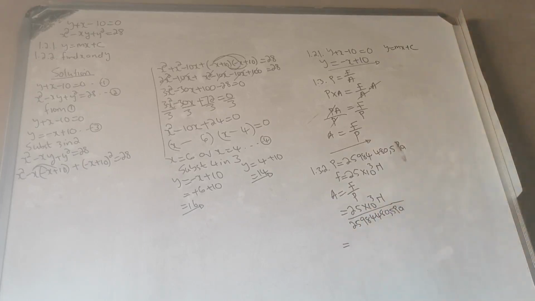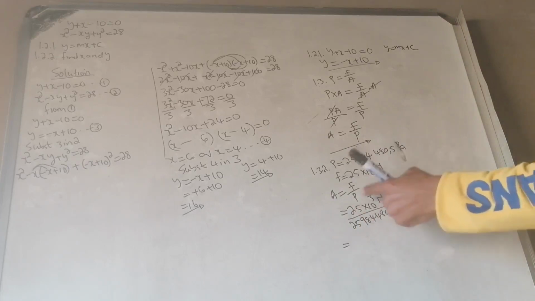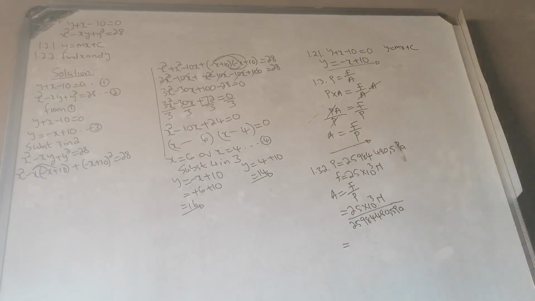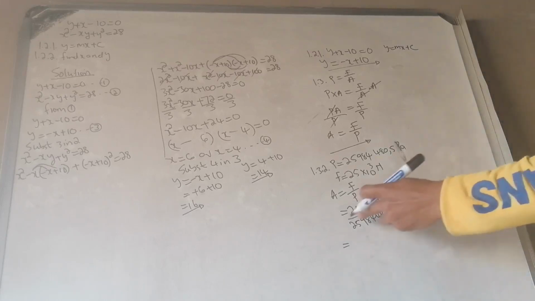So what is area? Area will be the value of this. I don't know what value you will get there, but somebody will tell us what is 25 times 10 exponent 3 divided by this.